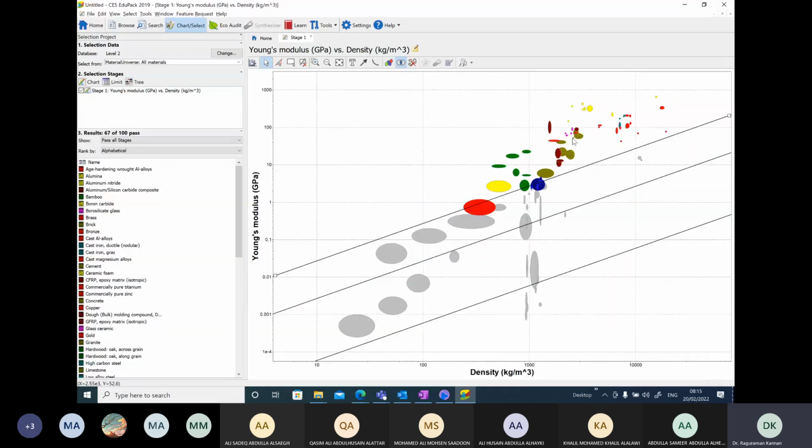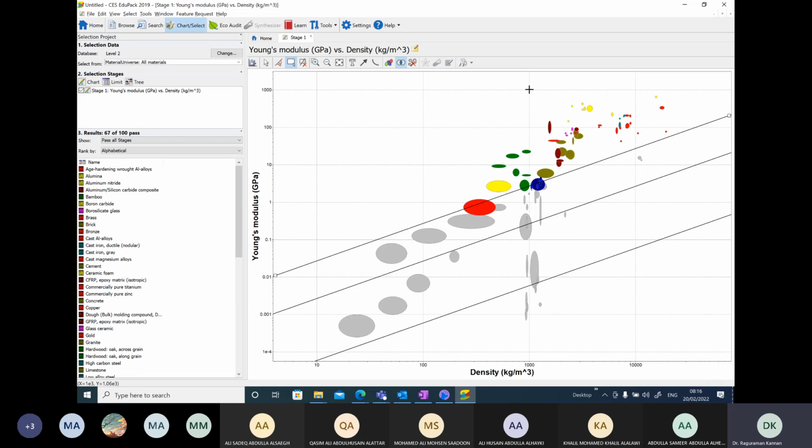Now, besides this, we can also draw certain lines horizontally here. Suppose you want to select only materials above 100, then you can draw another line here and only select those materials which are above here. Okay, so let's see if I want to select only materials of certain density and certain Young's modulus values.